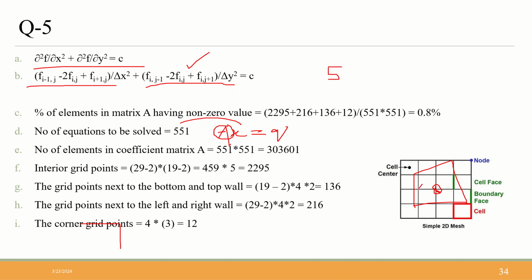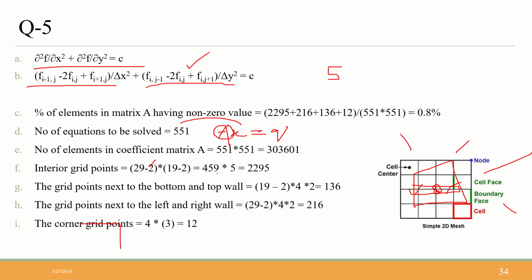So we have that we are eliminating again 2 more grid points, right? The first case we have seen how many are present here, and since we are eliminating the grid points, 2 grid points which are next to the boundary, we are getting 29 minus 2 because we are eliminating one from this side, one from that side. Similarly for y, one from this side, one from that side. 29 minus 2 and into 19 minus 2.